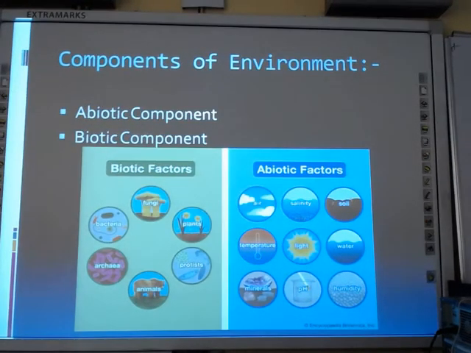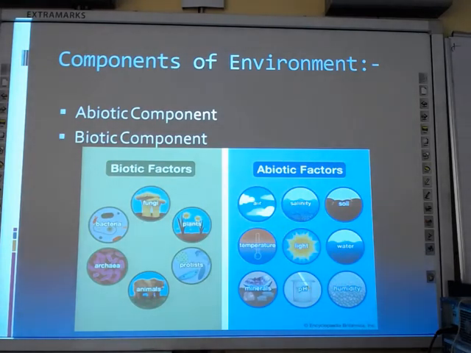Components of our environment are the biotic component and the abiotic component. Here you can see in the picture, two pictures are in front of you. One is of biotic components and another one is of abiotic components. Biotic components include the living organisms.